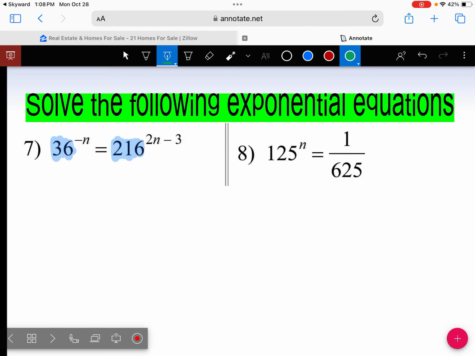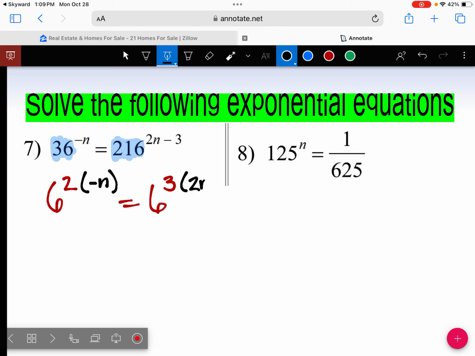So we know that 6 squared, and then I got that negative n, and then 6 to the what power? Go ahead, use your calculator, try different exponents. Try 6 to the 3rd, try 6 to the 4th, try 6 to the 5th. Figure out how many times you have to multiply 6 to get to 216. Who says 3? Try 6 to the 3rd. So we got 6 to the 3rd.